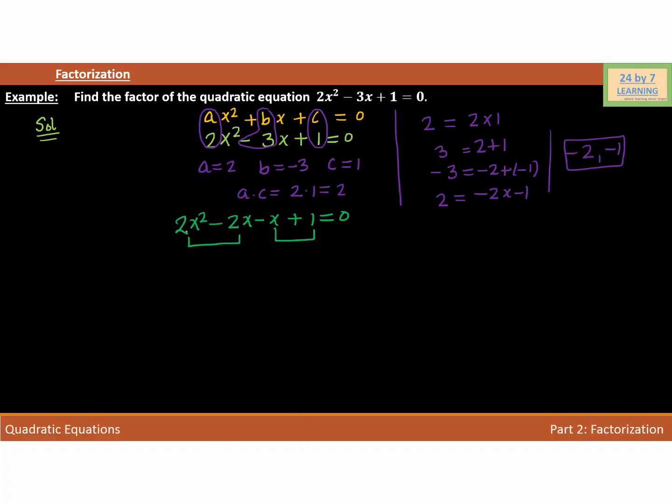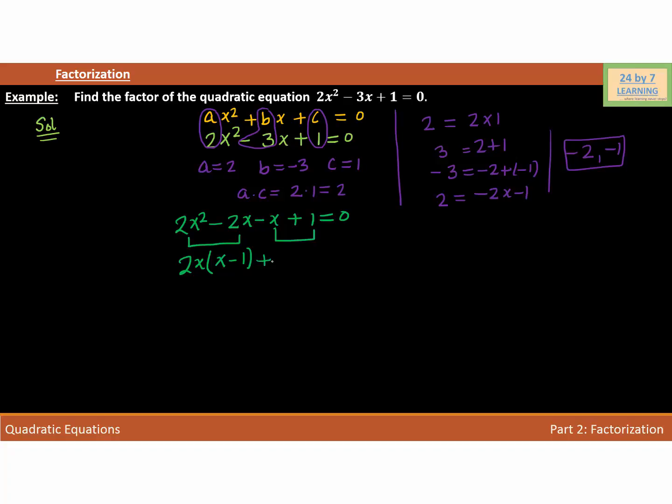Looking at the first two terms, you can see 2x is common. So I'm going to take 2x common, and inside the bracket I have x minus 1, because if I take 2x common, I am left with x over here, and this 2x is outside, so I have only the number -1 left.